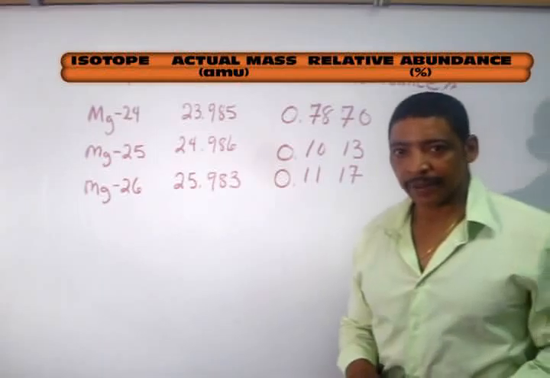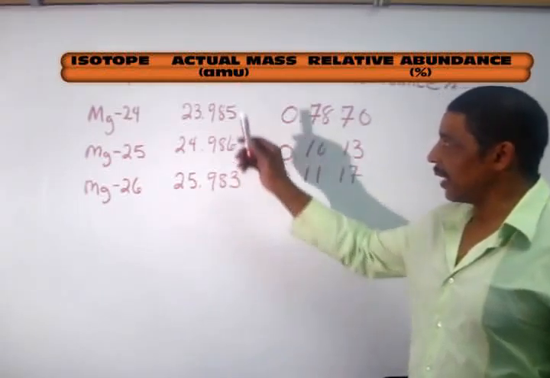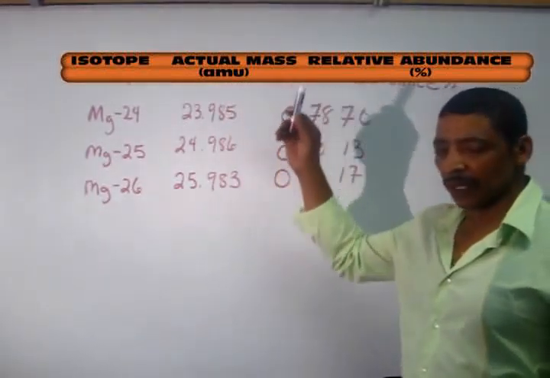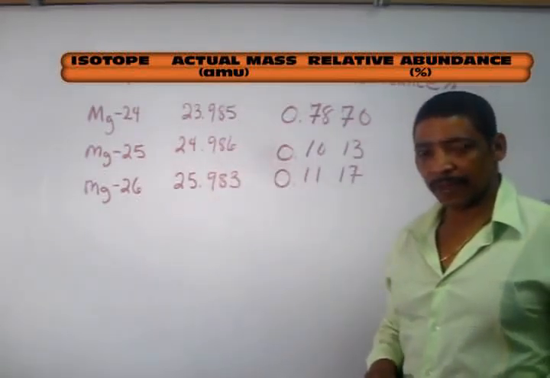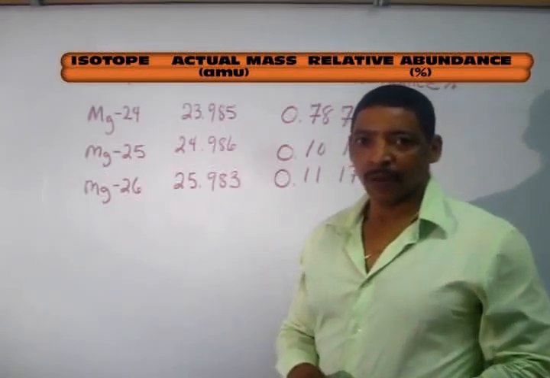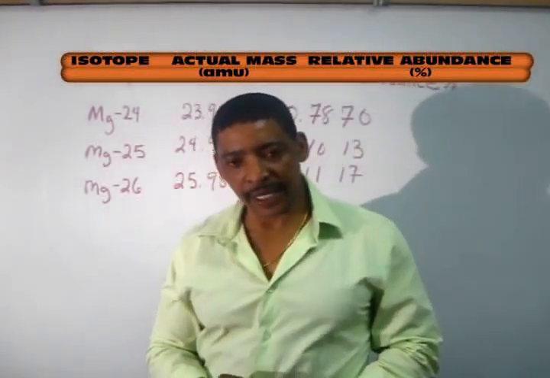Simply add the product of the actual mass times the relative abundance for each of the isotopes. In doing so, we will determine the average mass of the element.